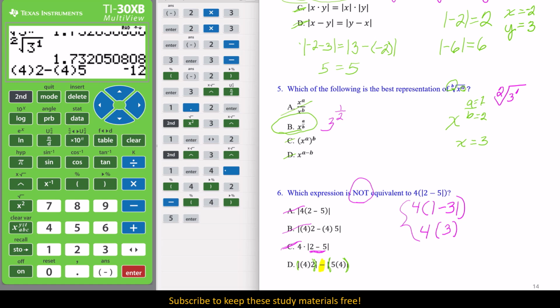Now, it would be different if there was an absolute value around everything, like right here on B. Okay. That's not the case. Having the negative without an absolute value applied to it makes this the correct option. All right. So we're going to select D.